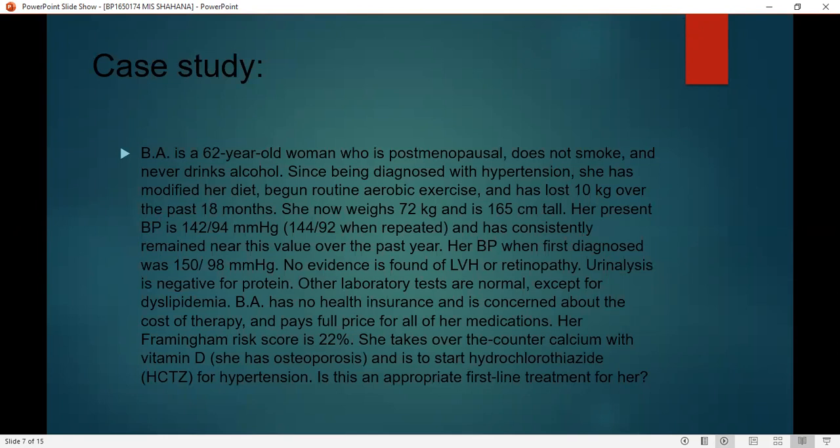She takes over-the-counter calcium with vitamin D as she has osteoporosis, and has been started on hydrochlorothiazide for hypertension. So we are supposed to tell whether the appropriate first line treatment for her is hydrochlorothiazide or not.